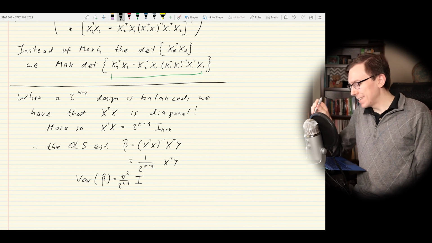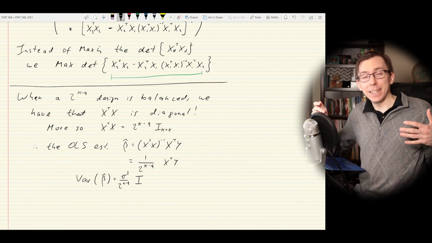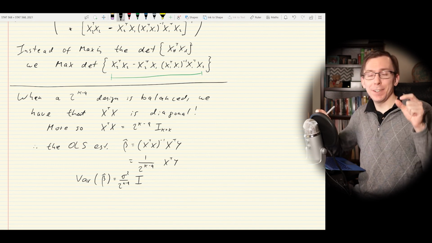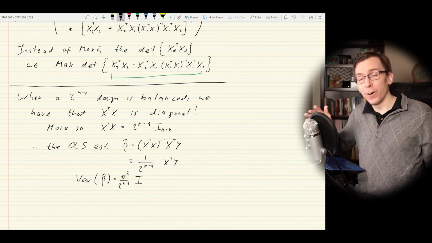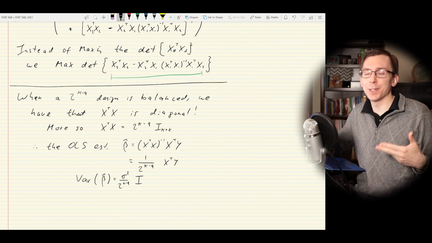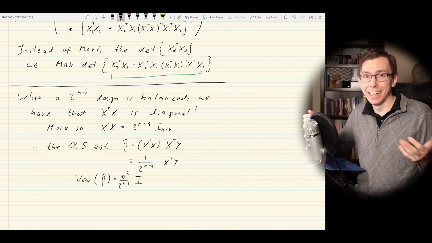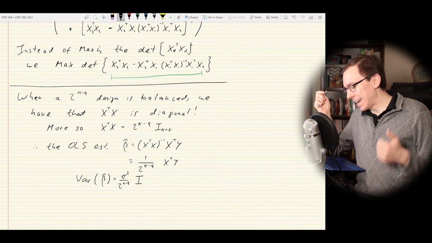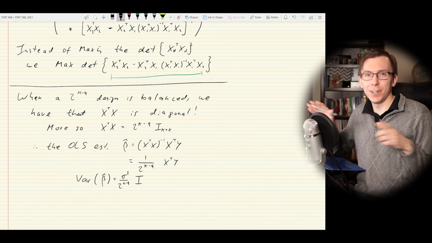But the point is, it's diagonal, and that means there are no correlations between the individual estimators. All of my hypothesis tests are uncorrelated. And if we continue to assume that all our errors are Gaussian, everything's independent, right? That's really cool. All of our tests, all of our estimates, all independent.